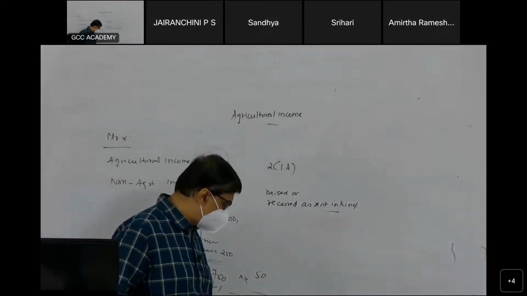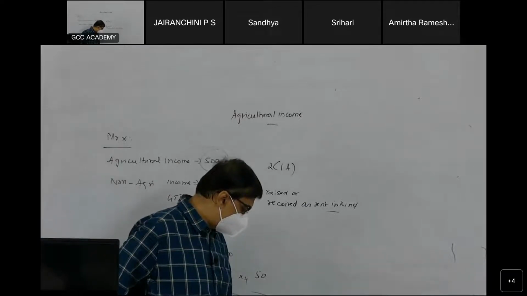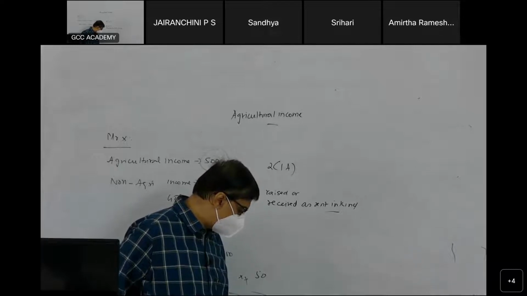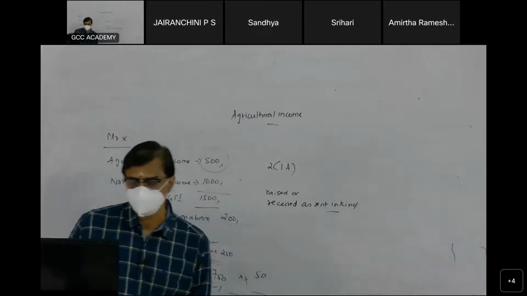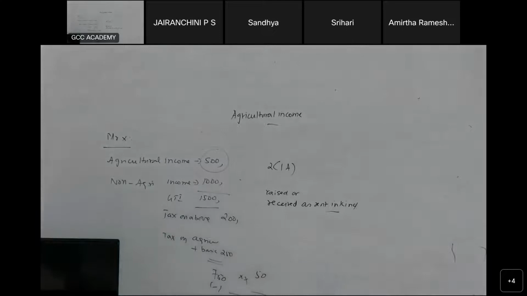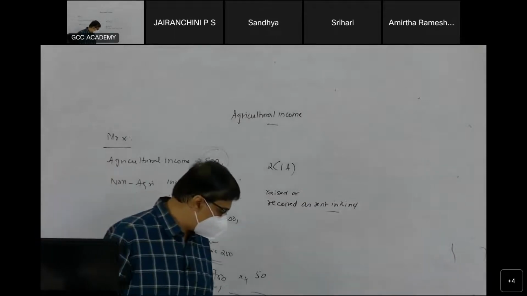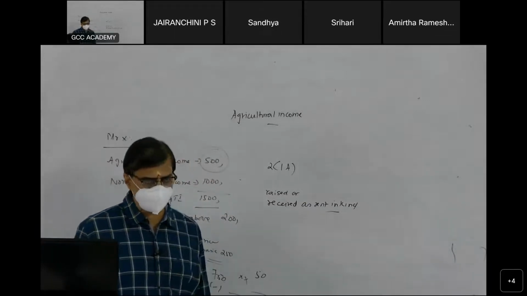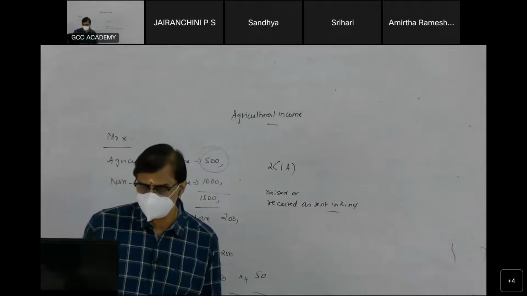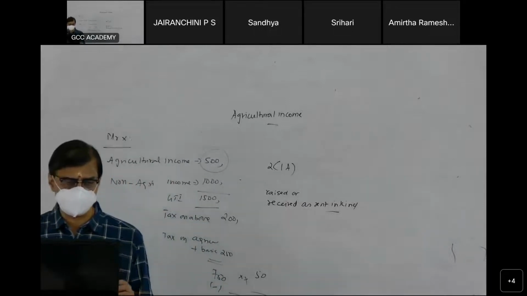Second, the land is one which is situated in India, and the land is used for agricultural purposes. If you fulfill these three conditions, then the rent or revenue derived from land is agricultural income and exempt from tax.